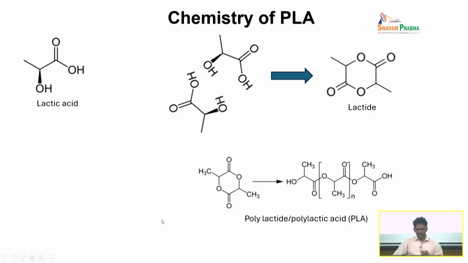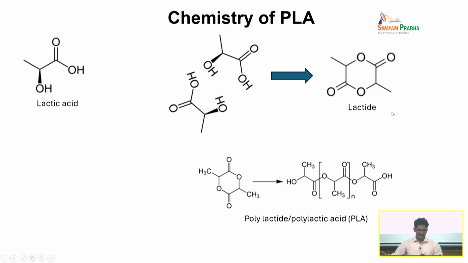Before I say anything about PLA, I just want you to remember a few things. There is a molecule called lactic acid. It has CH3, CHOH and then COOH, a seemingly simple molecule. Then two lactic acid moieties can come together and form something called a lactide.